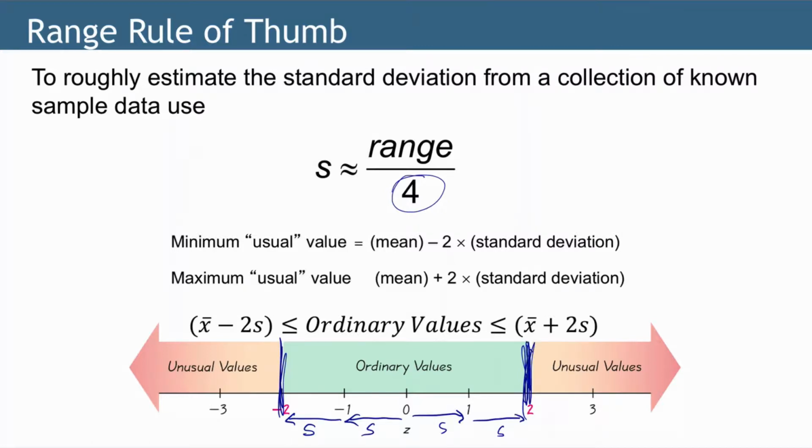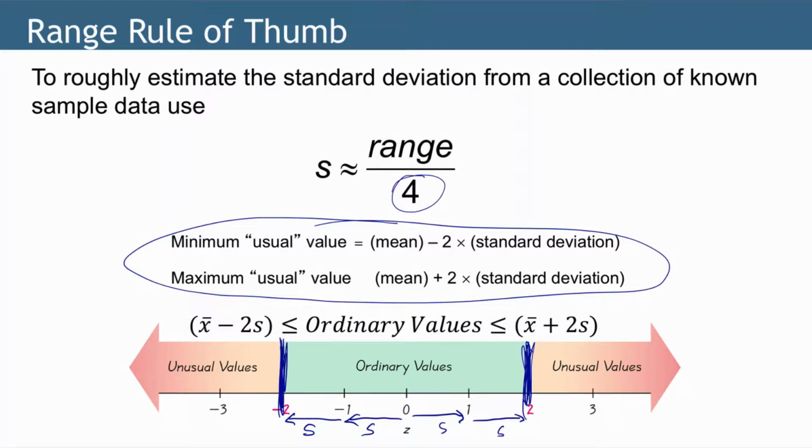And if you want to know exactly where these 2 boundaries are, you can crank out these 2 little formulas, and that'll tell you exactly where these boundaries are, and therefore how you can properly determine what is usual and unusual. And of course, if you're out here and you're unusual, then that means you're an outlier.